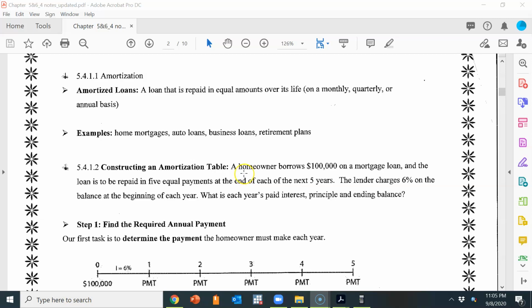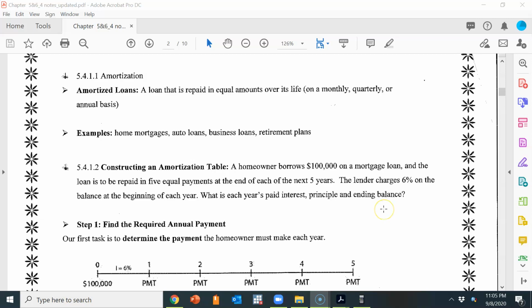For example, a homeowner borrows 100,000 on a mortgage loan, and the loan is to be repaid in 5 equal payments at the end of each of the next 5 years. The lender charges 6% on the balance at the beginning of each year. What are each year's paid interest, principal, and ending balance?